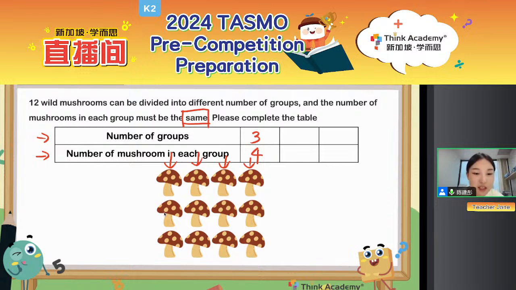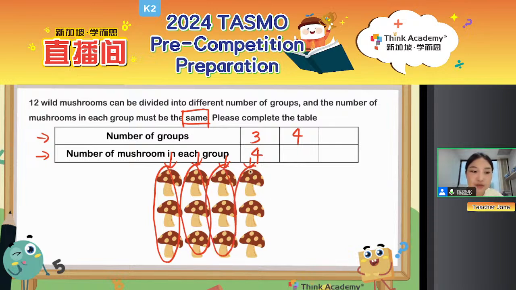This time, each group will have how many? Okay, good job, Junkai. So everyone, we can see that if we share them into 4 equal groups, each group will have 3 mushrooms, right?